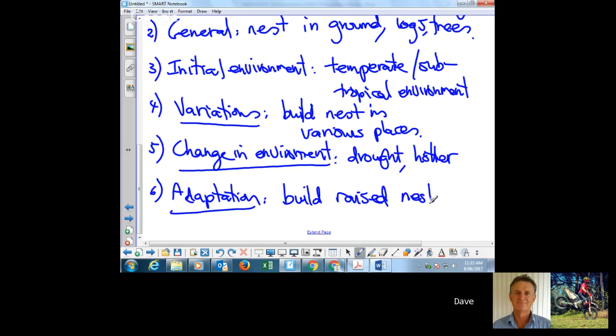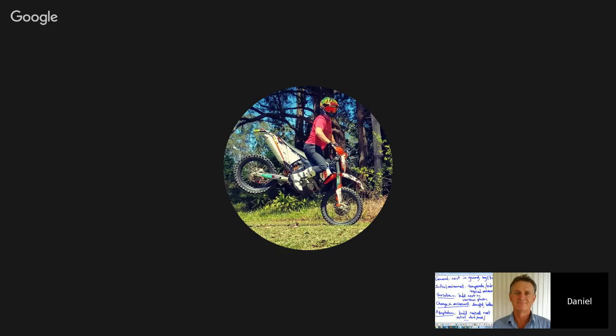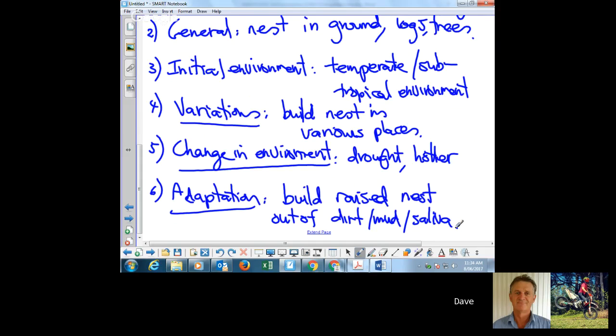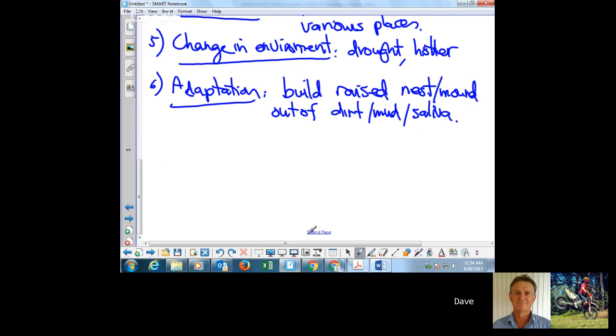Do they also secrete their own material to help make the mud stick? Yeah, they do. All right, so these raised nests, they're a mound, aren't they? Yep. And that's the adaptation.